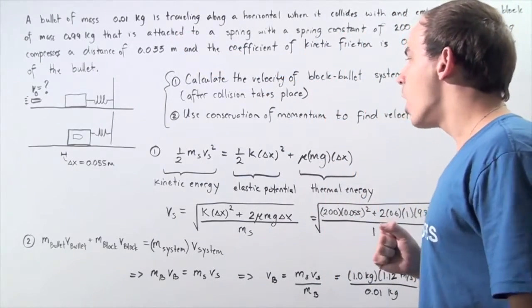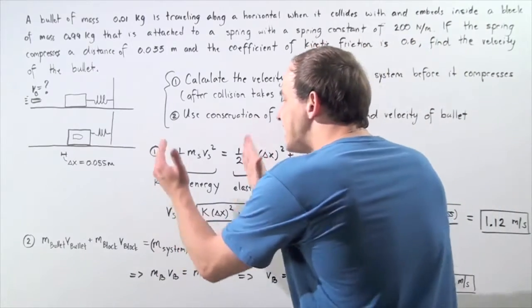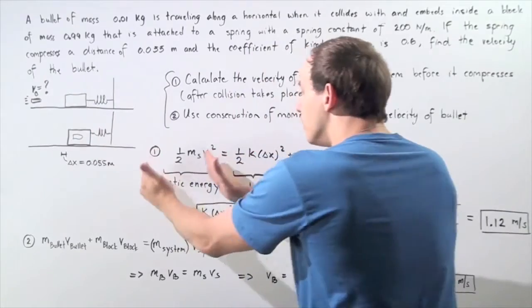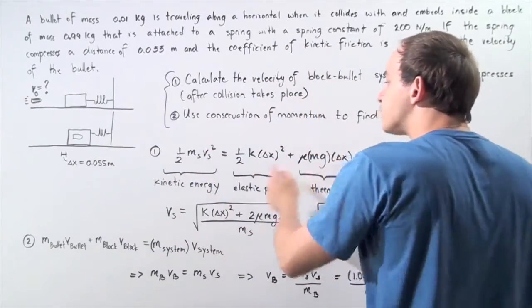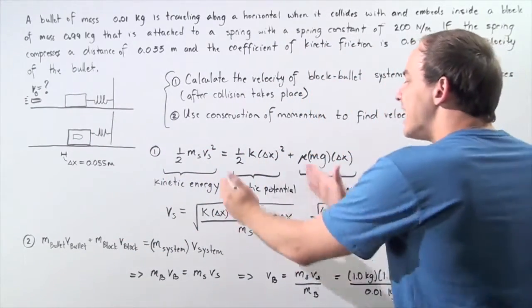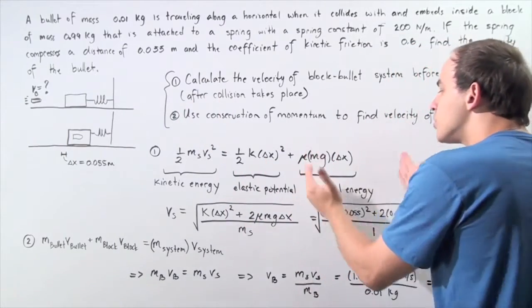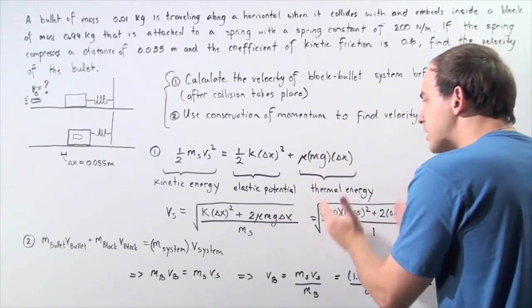In step 1, the kinetic energy gained by the block and the bullet is completely transformed, is equal to elastic potential energy of the spring and the thermal energy due to friction.